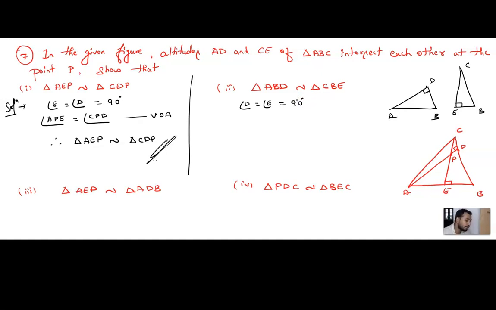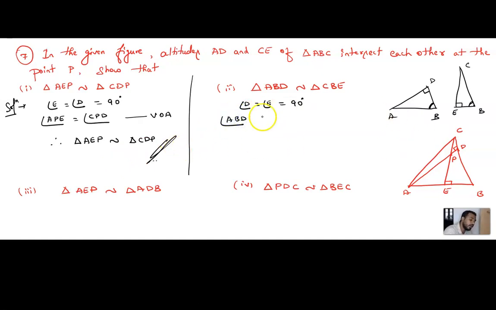In this triangle there is angle B, and again in this triangle there is also angle B, which is the common angle. Both the sides are angle B itself.